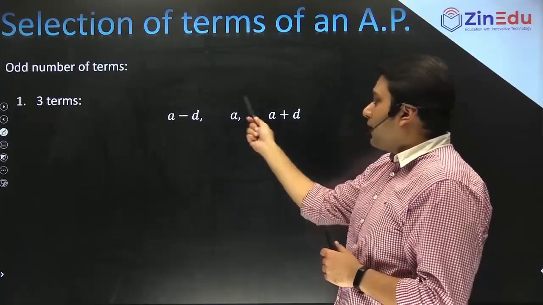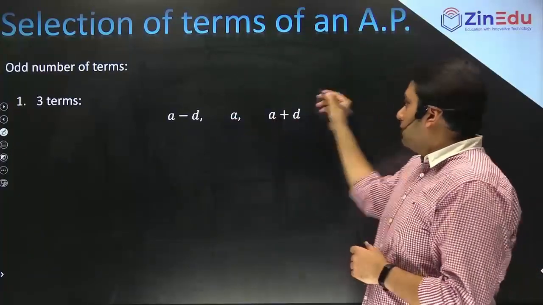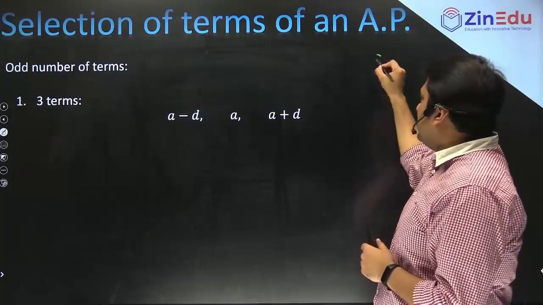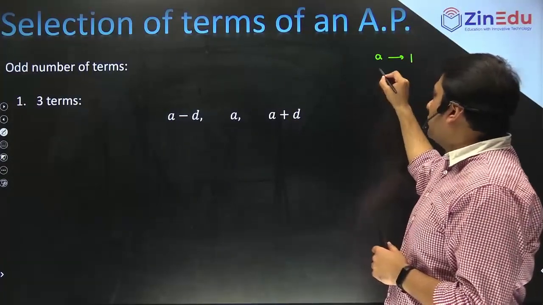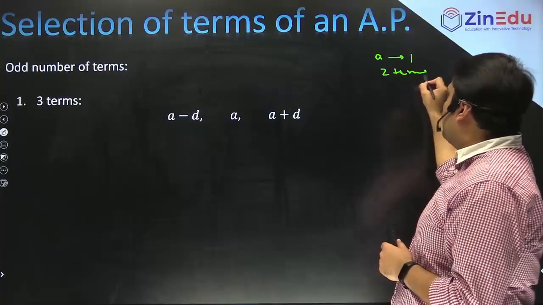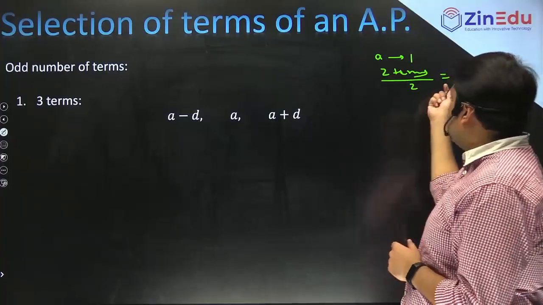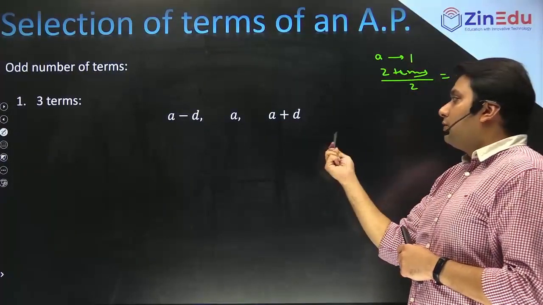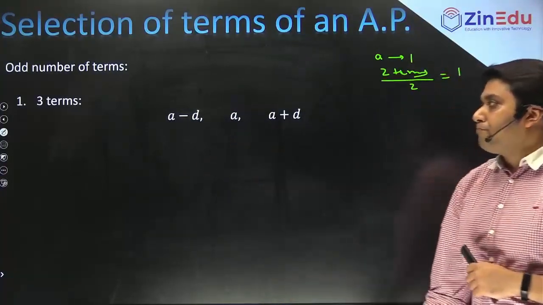Let us mark a as the first term, and then we are left with two terms. So divide them by 2, we'll get the result as 1. That result helps me find that after a there will be one term, and before a there will be one term. So that would be a minus d, a, a plus d.